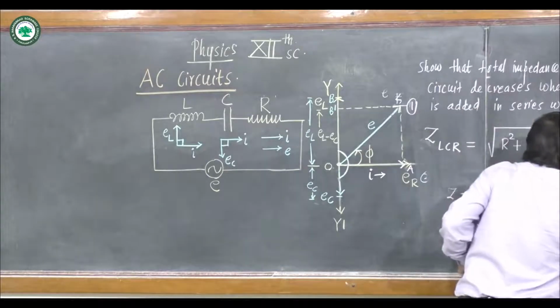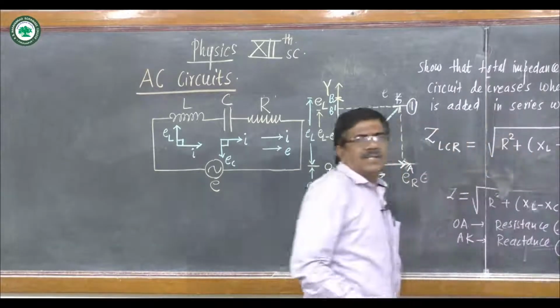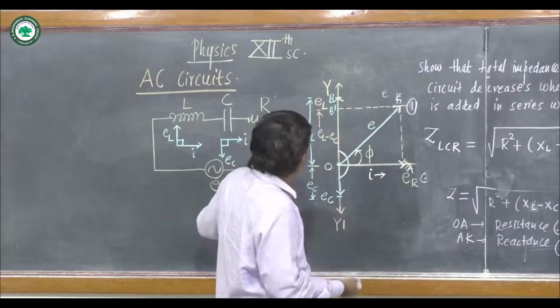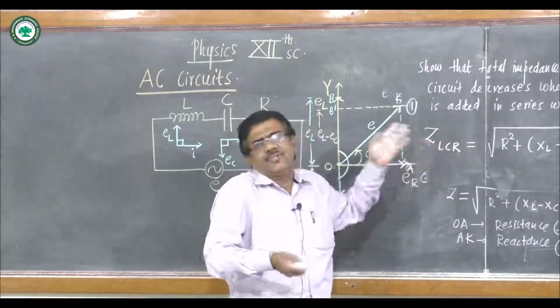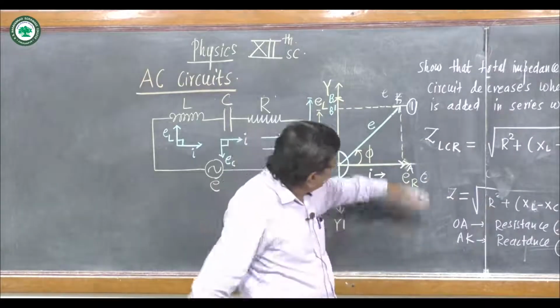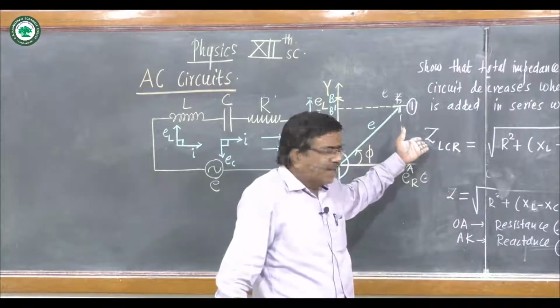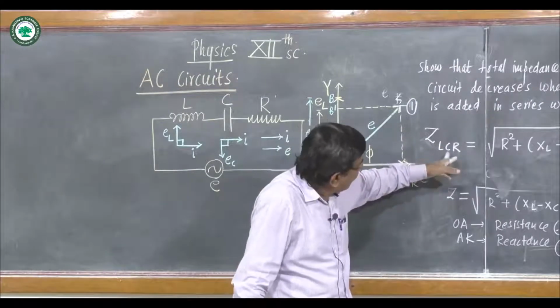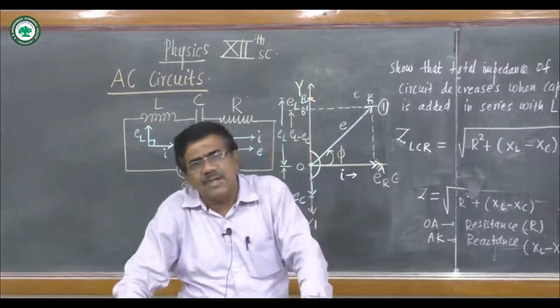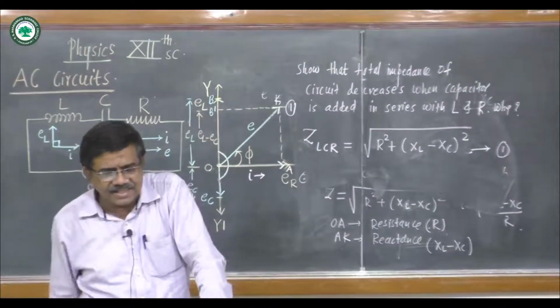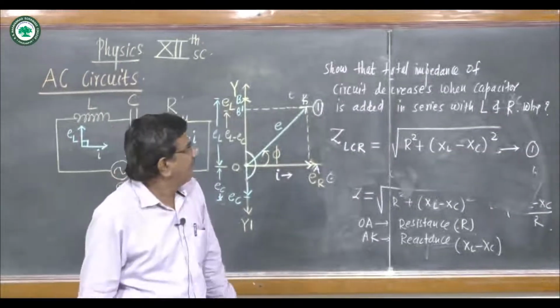Suppose this is equation 1. If all components are there in the series LCR circuit, the effective opposition to the flow of alternating current, the impedance, is given by equation 1, the square root of R square plus XL minus XC its square.